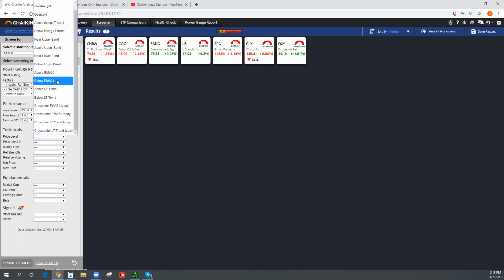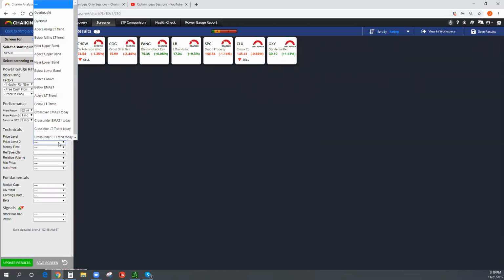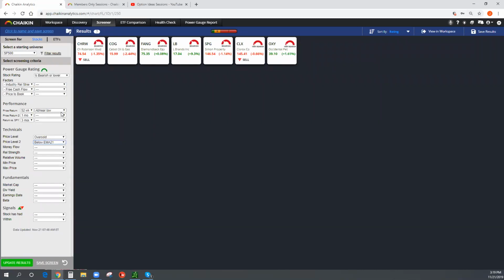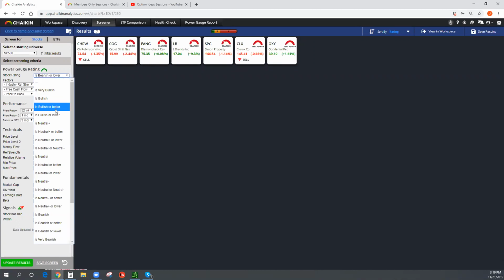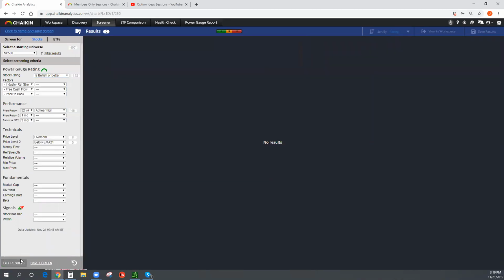Above or below the EMA 21, which is our middle dotted line. So maybe you like to buy stocks when they're oversold and below their EMA 21 while they're at near a high. Nothing comes up. There are 8 that are oversold.